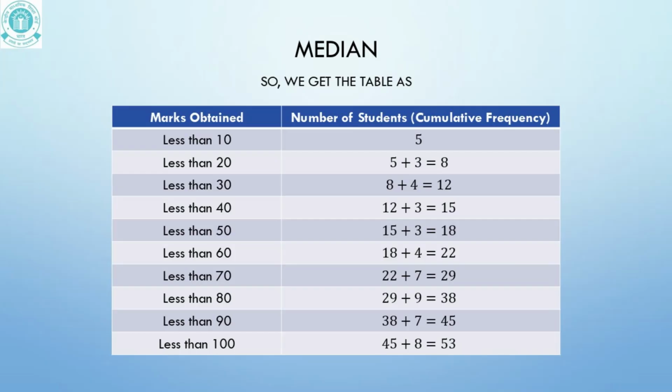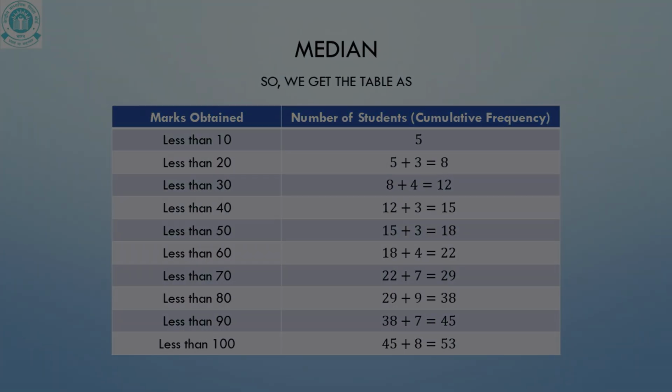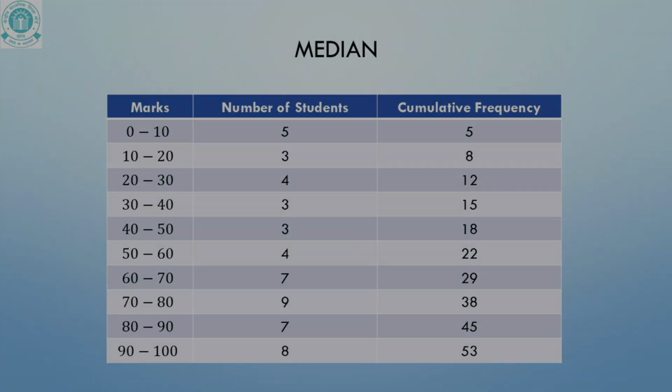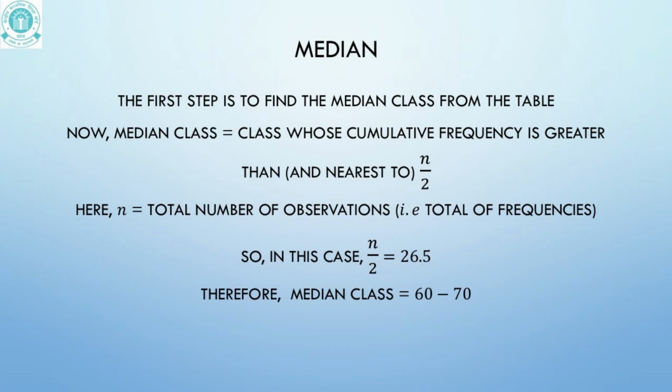Let us understand how we can find the median. This is the complete table after finding the cumulative frequencies of each interval. So, for finding the median, the first step is to find the median class from the table.